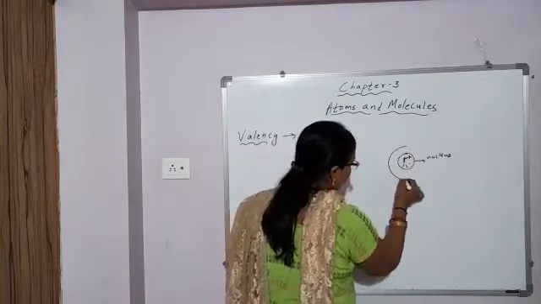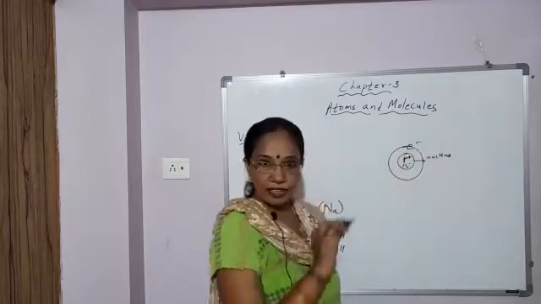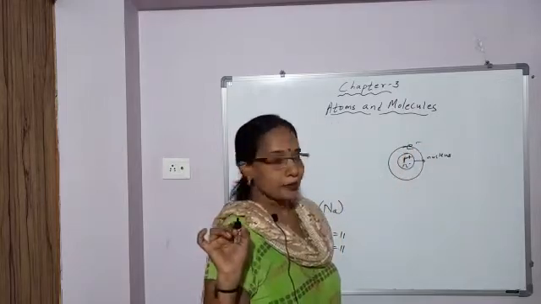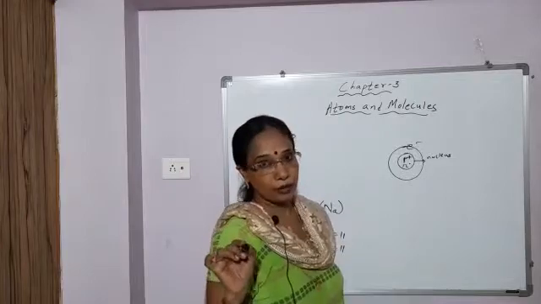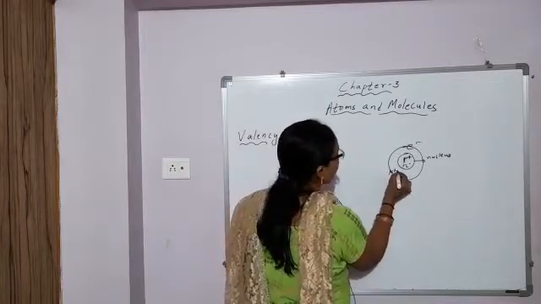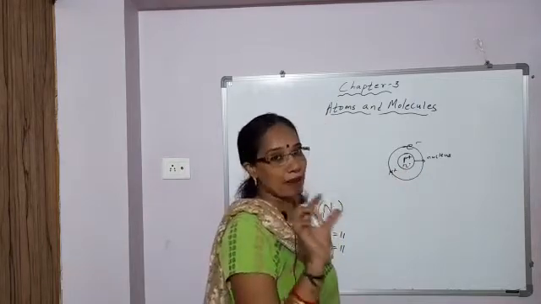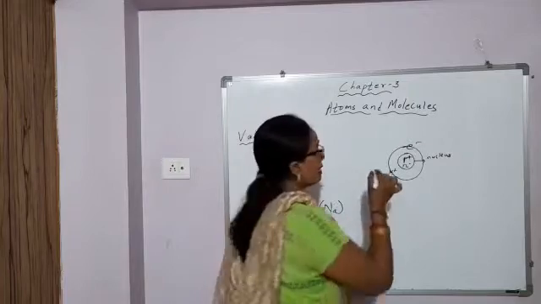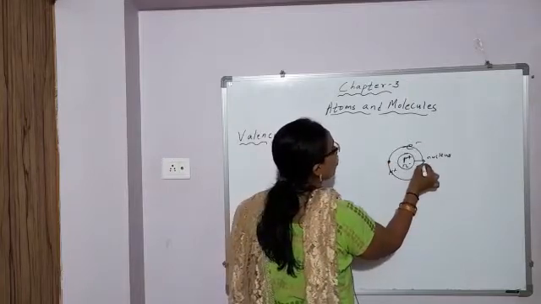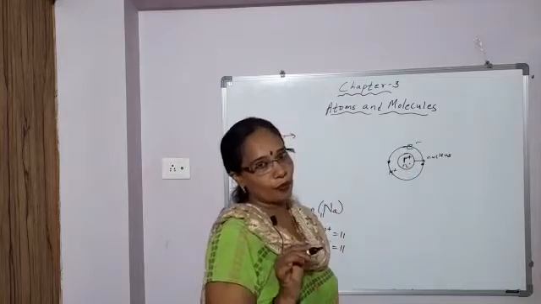And around the nucleus, electrons which is negatively charged, they revolve. This is a shell or orbit. The first shell is nearest to the nucleus, and its maximum capacity is 2 electrons.